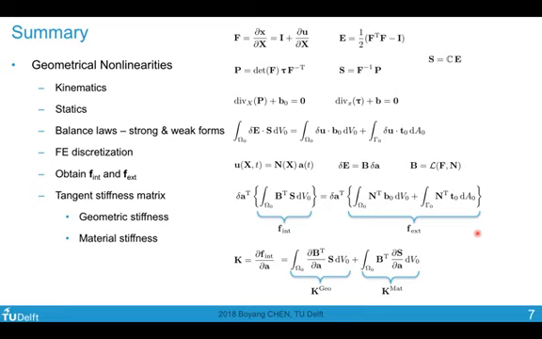From functional dependency analysis, we arrive at the conclusion that the geometric stiffness matrix depends only on the stress state of the structure once we've fixed our shape functions. And the material stiffness matrix has the same expression as the stiffness matrix in linear FEM, except that now the B matrix is changing during analysis because it depends on our degree of freedom vector A.